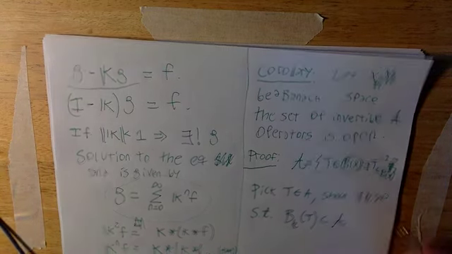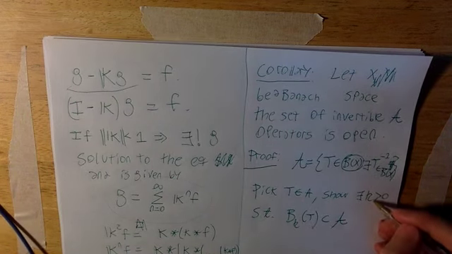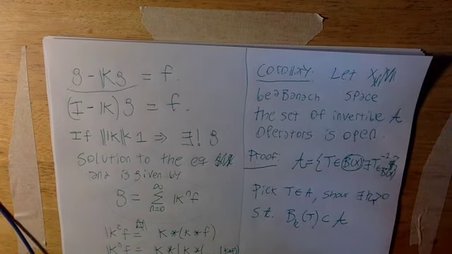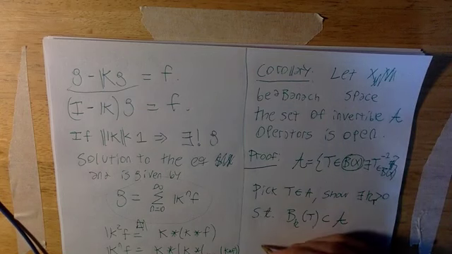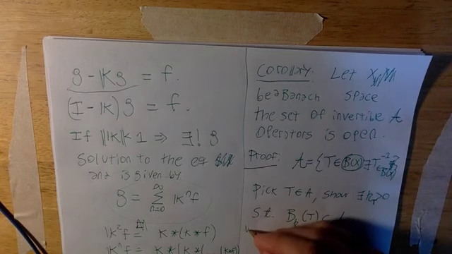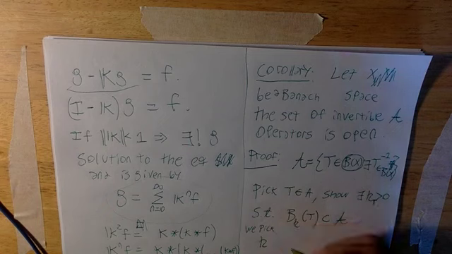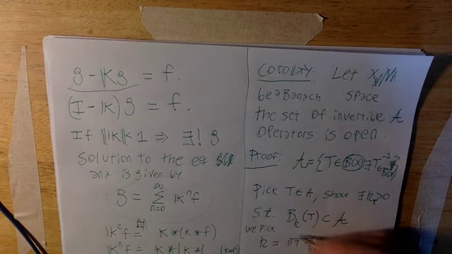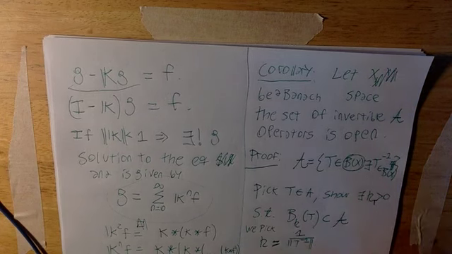This eta can depend on T. So we pick eta equal to 1 over the norm of T inverse.